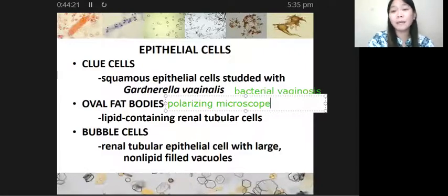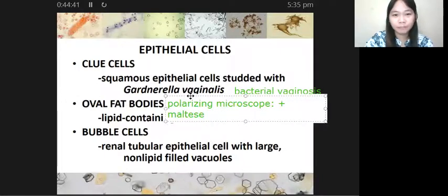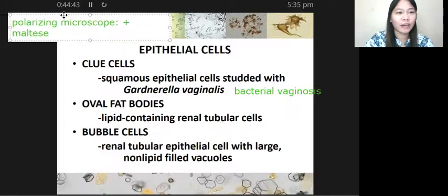Kasi lipids ang pinag-uusapan natin dito, class. Okay? So, kung polarizing microscope ang gagamitin mo, ano ang ina-after natin? We are after the observation of your maltese cross formation.